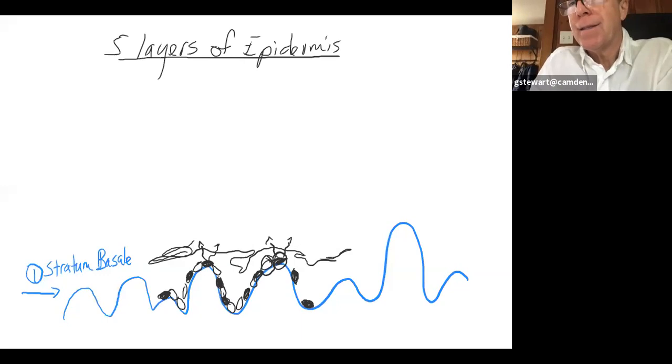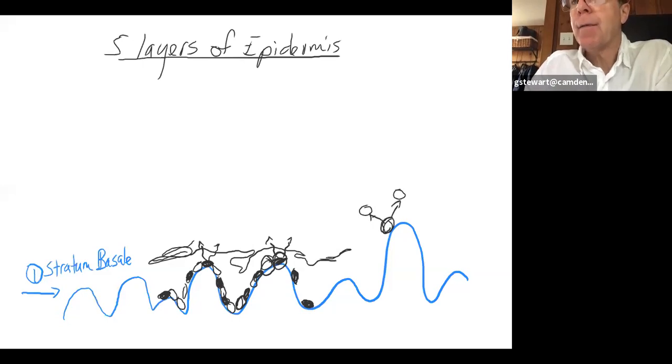The stem cells, here's what they do. They just constantly make new cells. So I'm going to draw a stem cell over here so it's not messy. What this stem cell is doing is just constantly making new cells. All right? Baby cells.